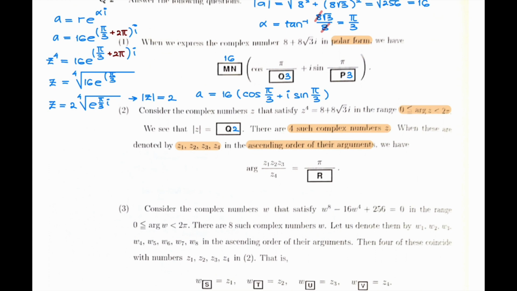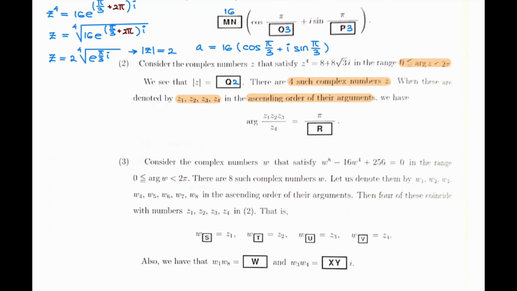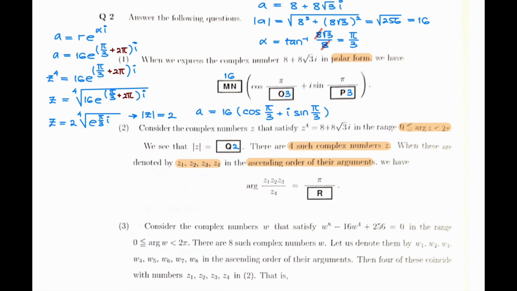Pi over 3 plus 2 pi i, like this. This is the z in its general form. So if I want to find the argument of z, I can calculate it by using this formula. I think I forgot to put the constant here.